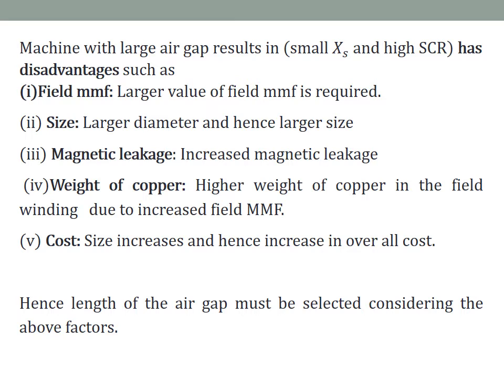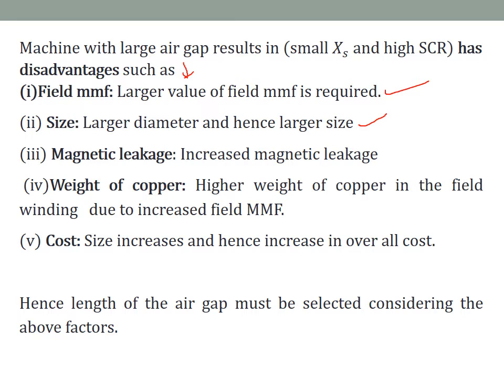Now, the machine with a large air gap results in small excess. This we know, high SCR has disadvantages. What are the disadvantages? A larger value of field MMF is required because the air gap length is large. So large field MMF is required to push the flux through the air gap. When the air gap increases, the diameter of the machine will increase. The size will be larger.